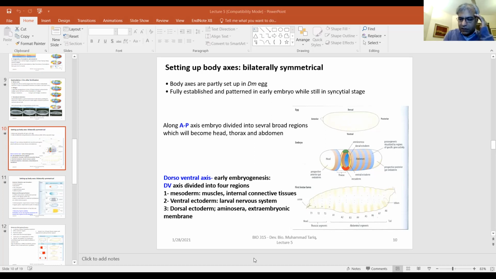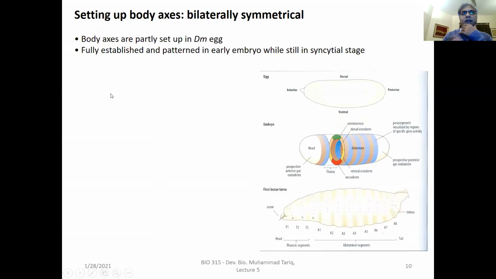As we learned in the last lecture, during development of a living organism, after cleavage division, you have to come across the pattern formation, and pattern formation involves two things, which is basically the body axis formation, and the second important part in the body pattern formation is the germ layers formation.